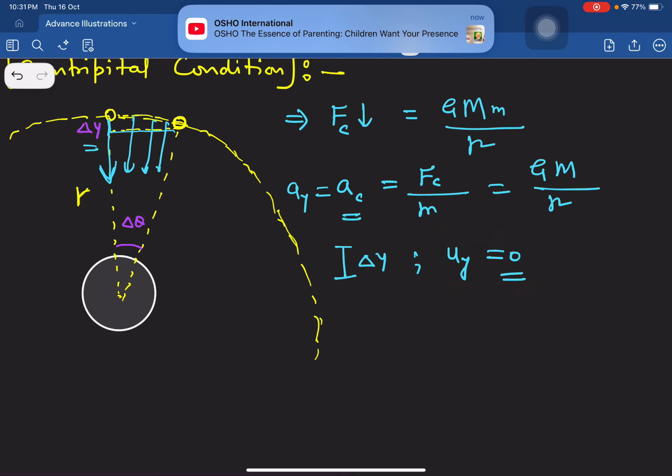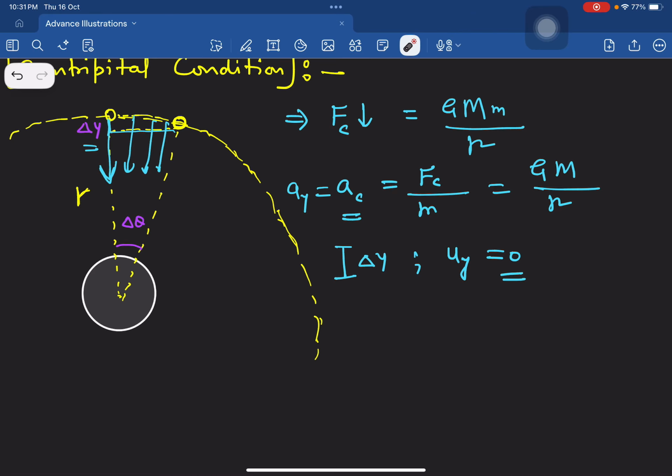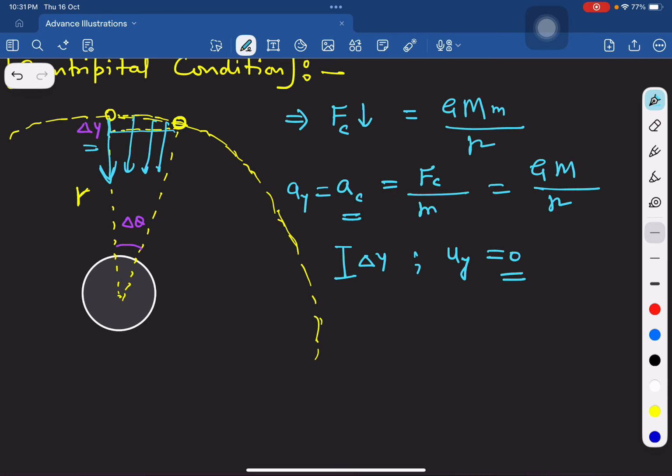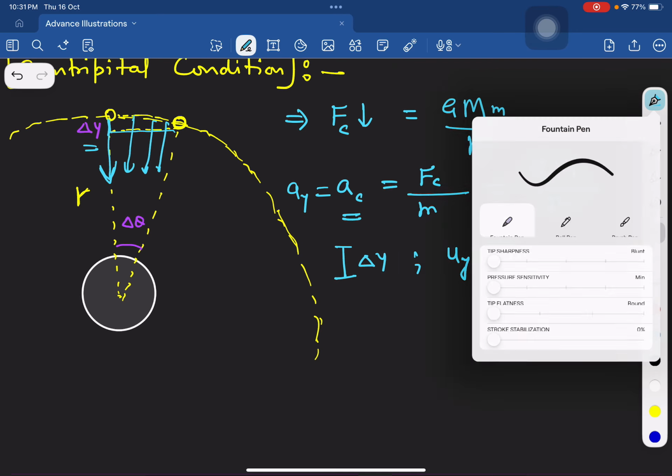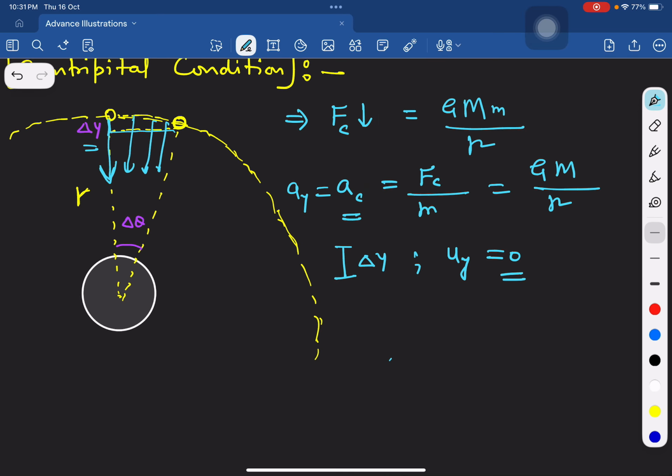After that guys, if you see, if we show it guys, so if you see, what we can write is, we can write delta y is equal to uy into delta t plus half ay delta t square guys, okay.